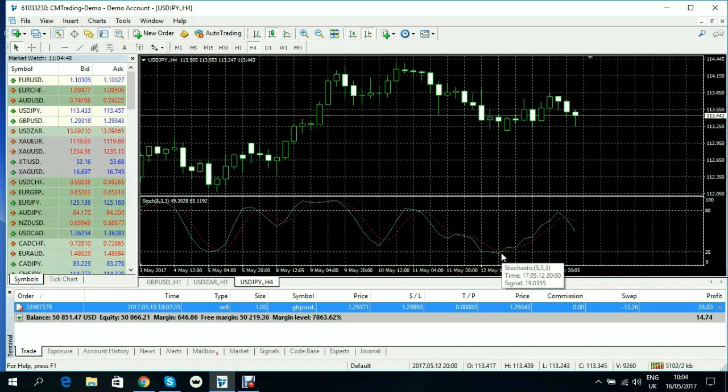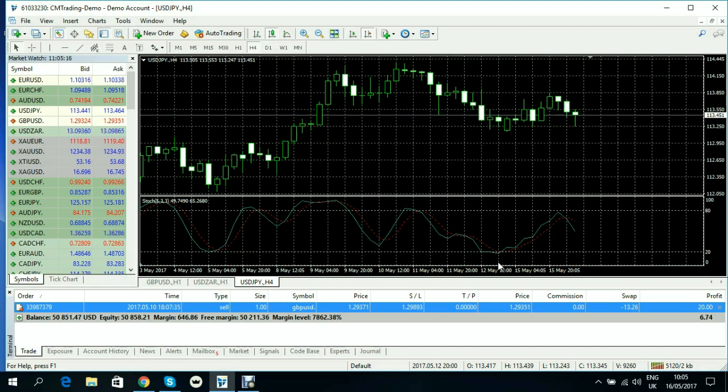So it's important that immediately you see that the price is oversold, you should be getting ready to get out from the market and take the opposite position, of course following this simple rule. So basically, this is how stochastic works.